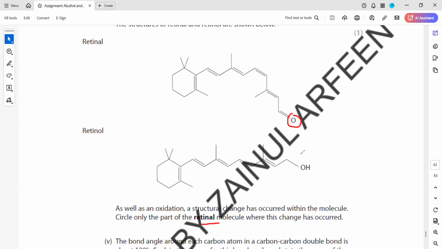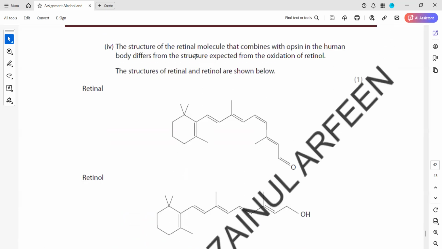So we know alcohol has converted into an aldehyde: retinol is an alcohol and retinal is an aldehyde. What they are saying is that retinol is converted into retinal, but the geometry of the molecule might be changed as well. That is what is mentioned here in the question.